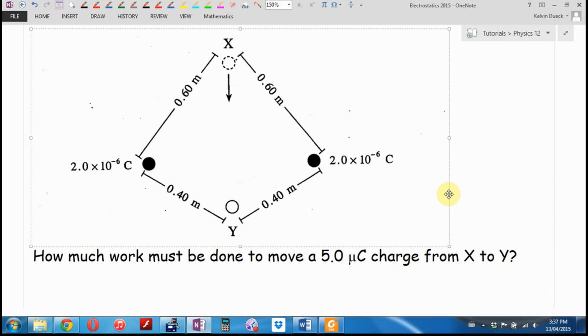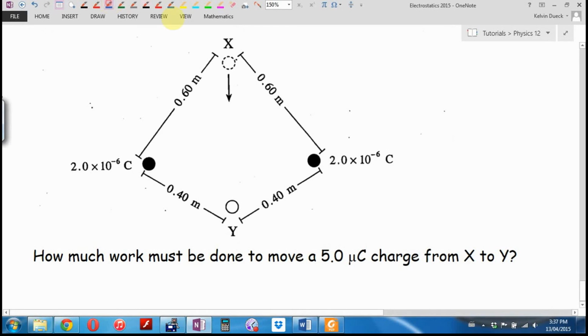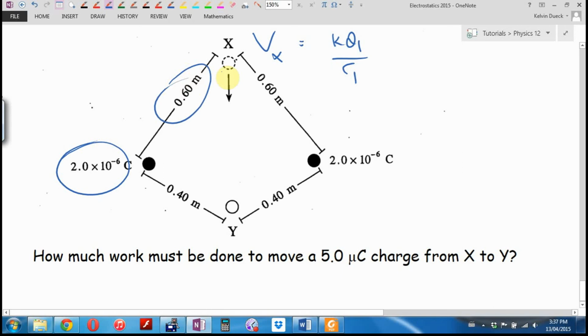In fact, I think what I would do is find the voltage at location X. How? It's going to be kQ1 over R1, where this is Q1. But do you notice Q1 and R1 are the same as Q2 and R2? You could just go times 2. That would give you the voltage there. Then I would repeat.